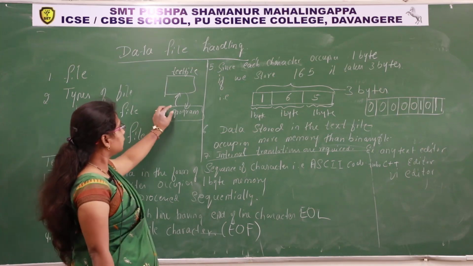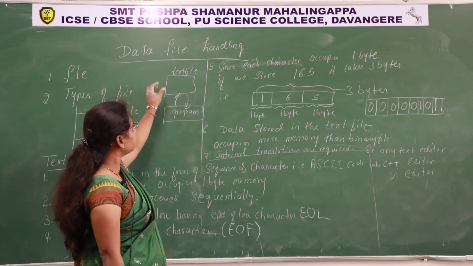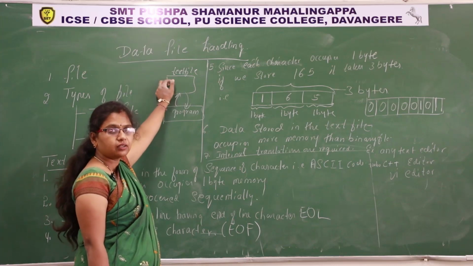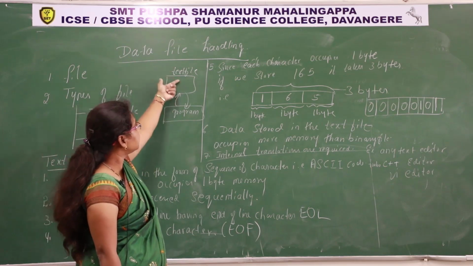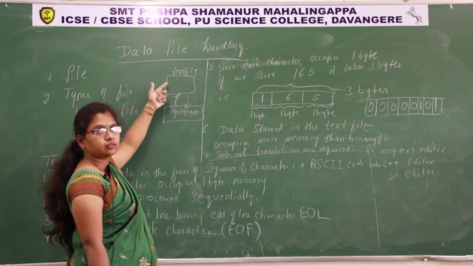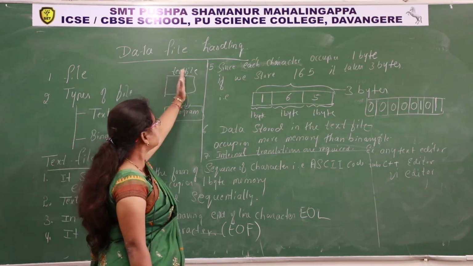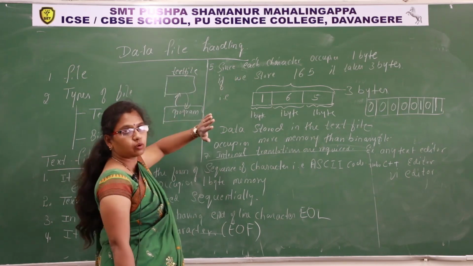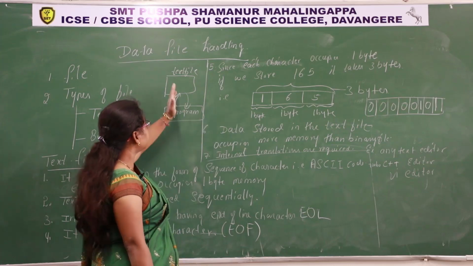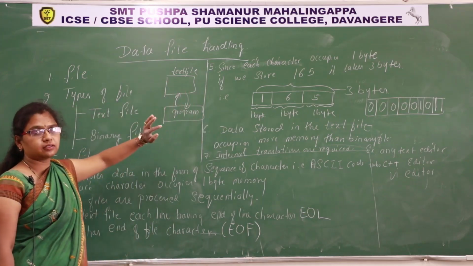At first the program will store some data in the text file. Again I execute the program, and it again stores the second set of data. How does it store the data? In sequential format. I can't store the second data at the beginning now. You cannot store the data wherever you want in the text file.